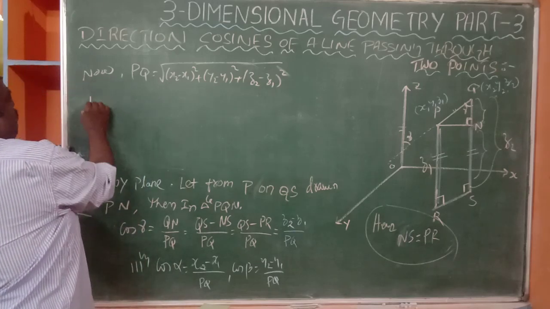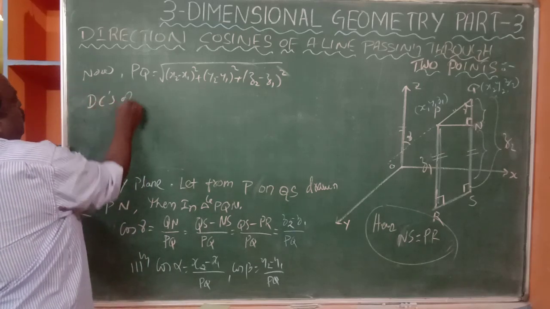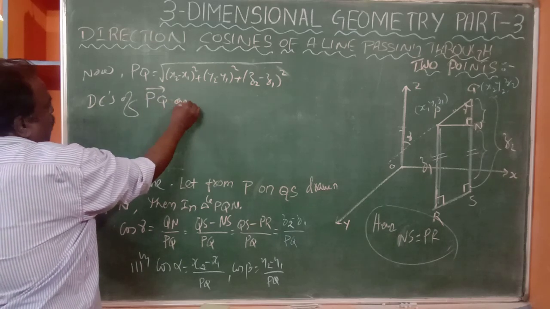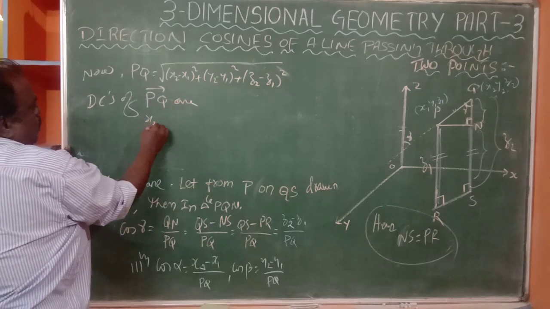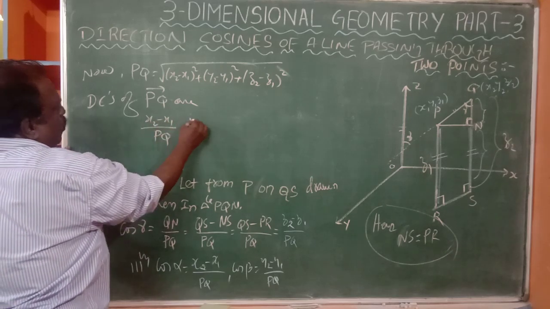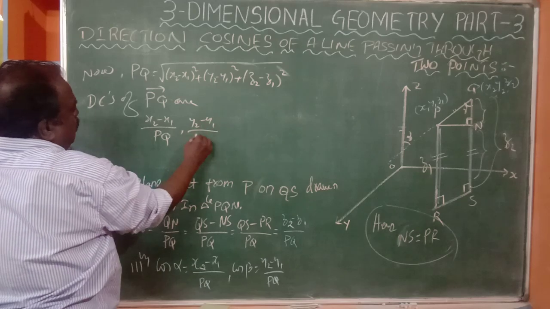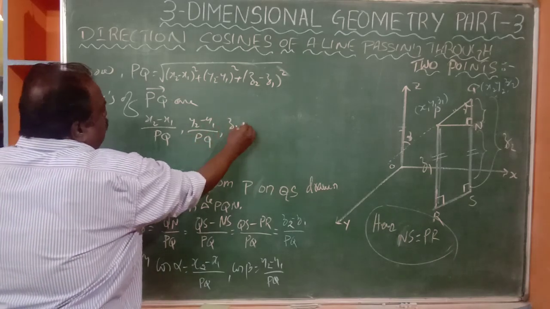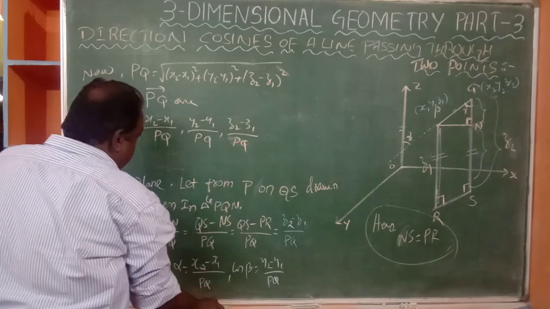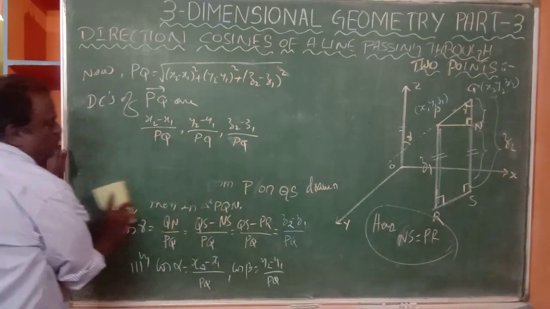Now, the DCs, direction cosines of line PQ, are x2 minus x1 by PQ, y2 minus y1 by PQ, z2 minus z1 by PQ. Okay now, these are the DCs.